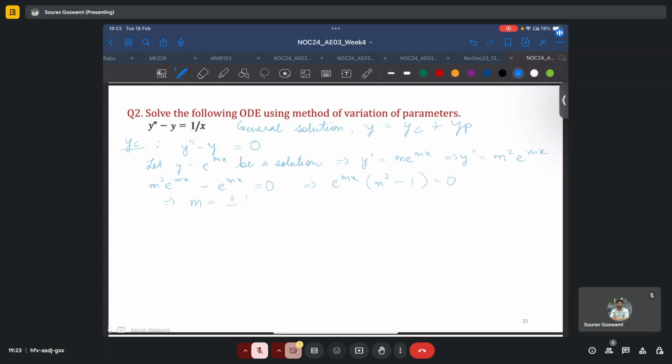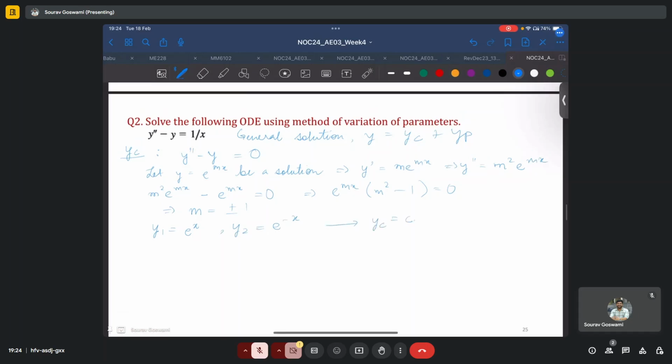So we have real distinct roots, and this would imply that one of the solutions y1 is e power m1x, just e power x, and the other solution y2 is e power m2x or e power minus x, and thus the complementary function becomes c1 e power x plus c2 e power minus x.